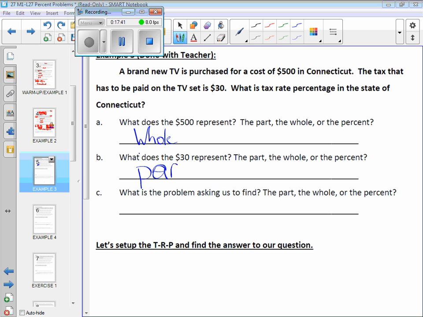Percent's always percent. So if you see dollars there, it's got to be part. Then they're asking for percent. Just go fix it on your sheet.